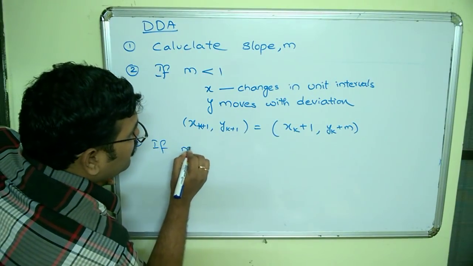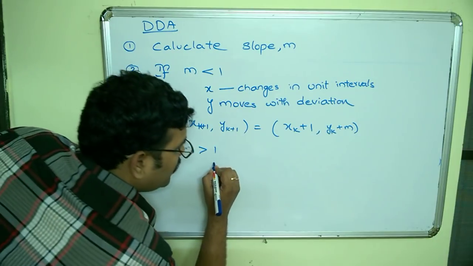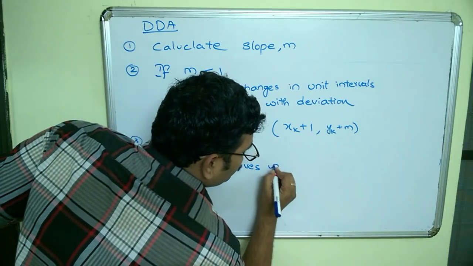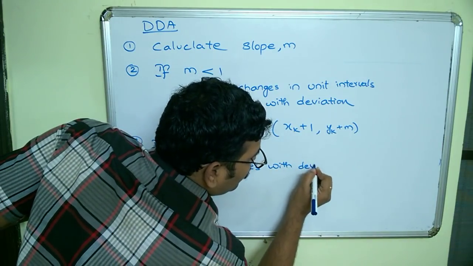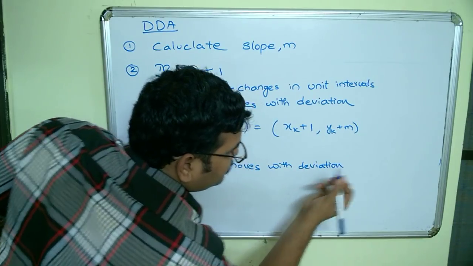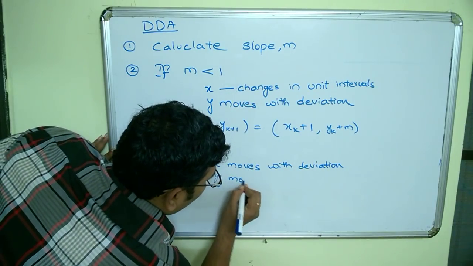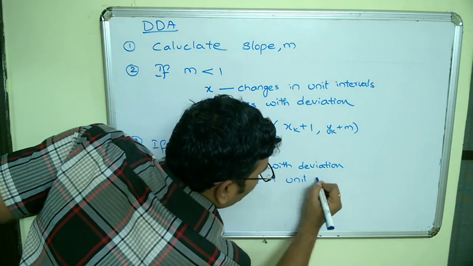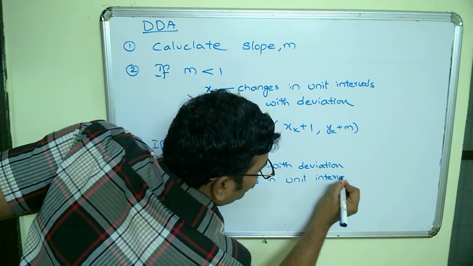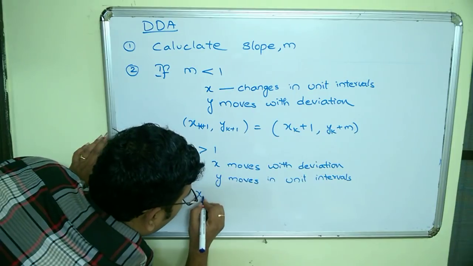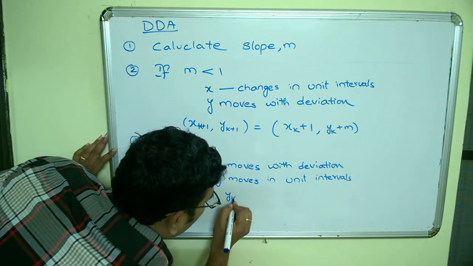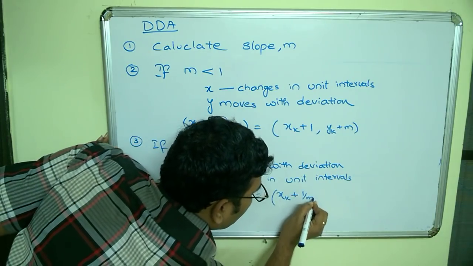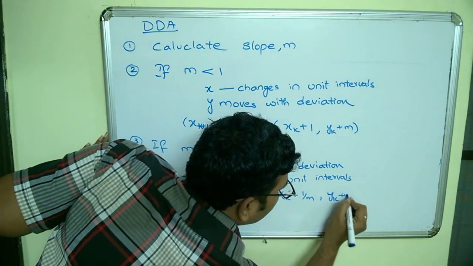If m greater than 1, x moves with deviation, y moves in unit intervals. xk plus 1 comma yk plus 1 is equal to xk plus 1 by m comma yk plus 1.